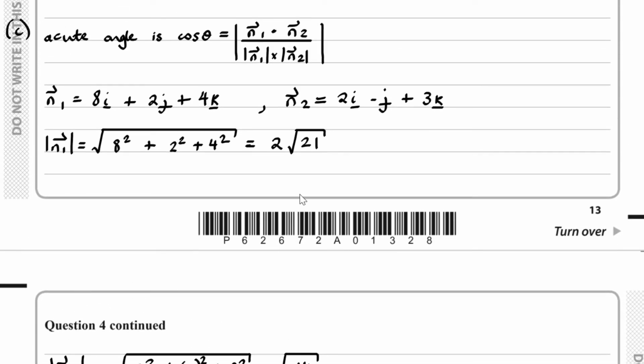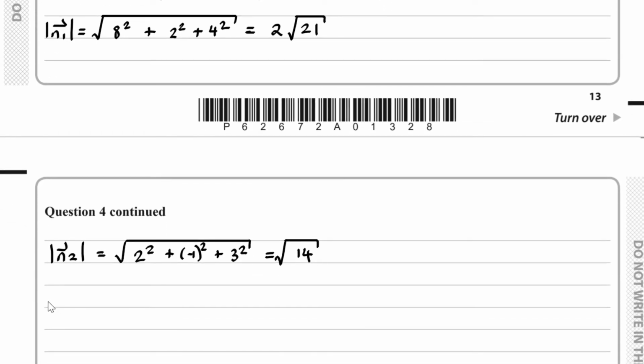We can now find the dot product of n1 and n2. So n1 dot product with n2 is equal to 8i plus 2j plus 4k dot product with 2i minus j plus 3k.